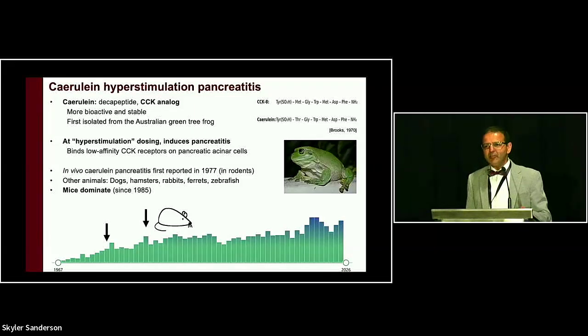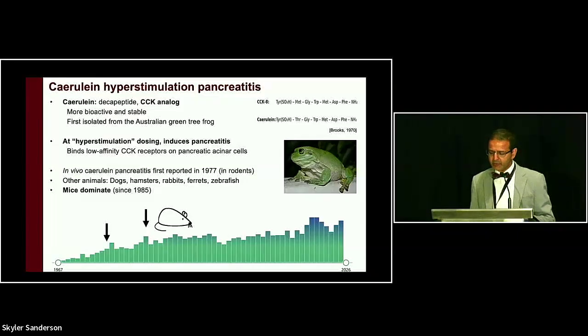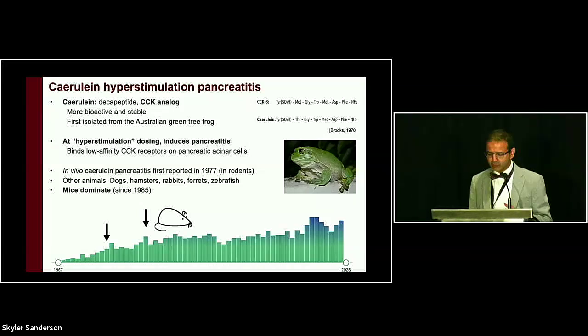But first, I wanted to give you a historical background on the basics of cerulean hyperstimulation pancreatitis. Cerulean is a decapeptide CCK analog, as shown on the right, that is, however, more bioactive and stable. It was first isolated from the Australian green tree frog, and at hyperstimulation dosing, cerulean induces pancreatitis by binding low-affinity CCK receptors on pancreatic acinar cells. The bottom graph is of PubMed publications using the search term cerulean pancreatitis.